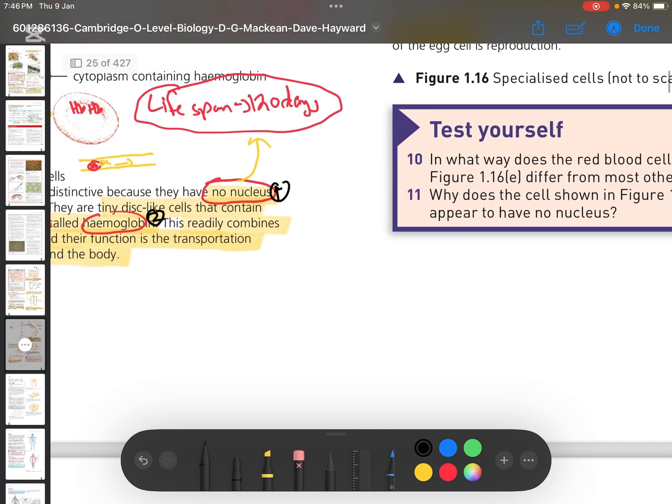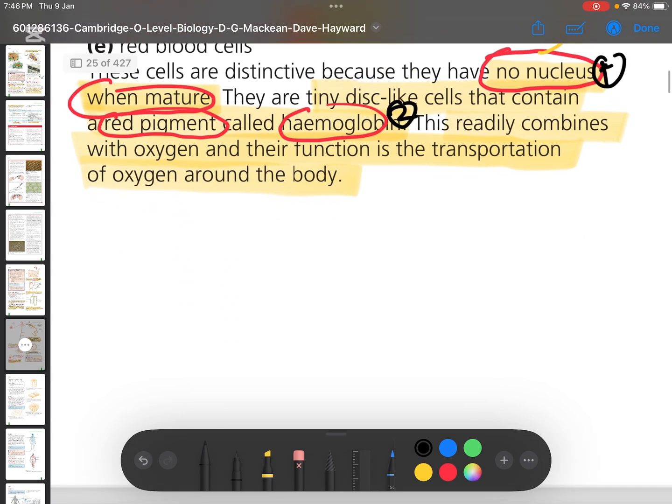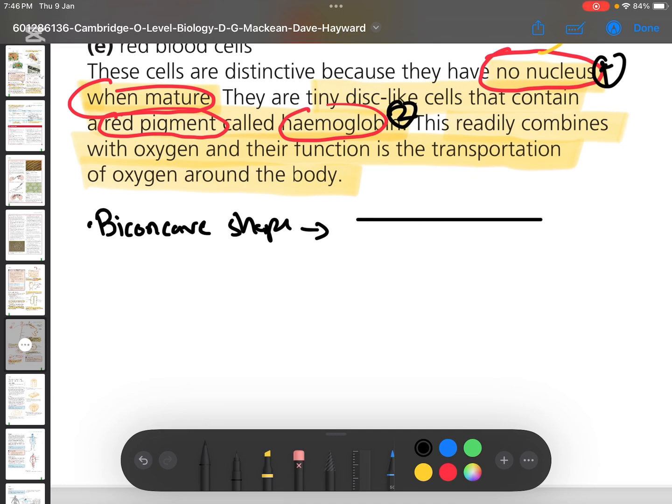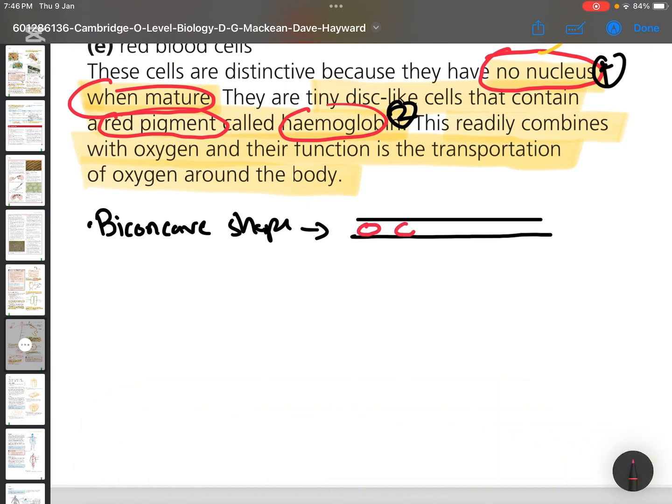It's very easy. Now one more thing you need to know about red blood cells is their shape. Their shape is a biconcave shape. Now what this shape does is it helps in the movement of the red blood cells into the small blood vessels and small capillaries. For example, let's suppose there's this blood vessel, and there's this very tiny capillary which the red blood cell has to pass through, right?